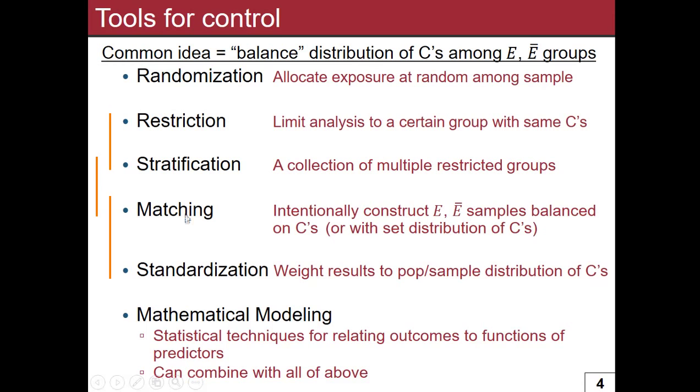We talked about how matching is one way that we achieve balance of confounders between exposed and unexposed groups. The way we do that is we intentionally arrange groups to be like each other on factors of interest, and the factors of interest are the confounders.